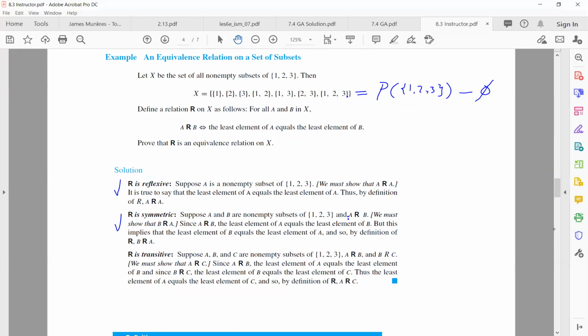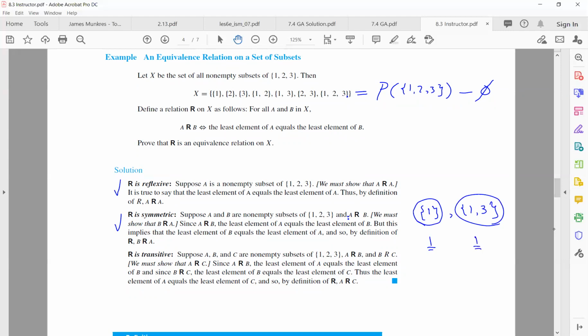You can consider it this way. Suppose I take these two subsets, {1} and {1, 3}. The least element of this set is 1. The least element of this set is also 1.